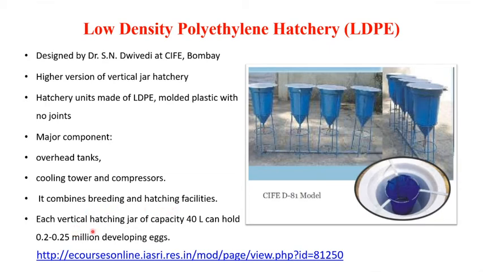Each vertical hatching jar is of capacity 40 liters and can hold 0.2 to 0.25 million developing eggs. In this image you can see the LDPE hatchery and these are the hatching jars, which are made up of a molded plastic, that is low density polyethylene material.